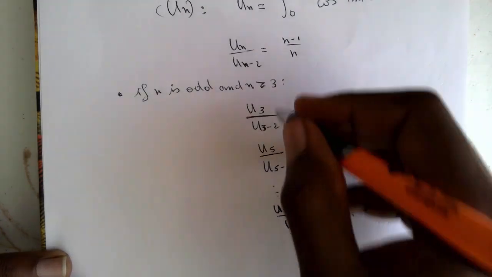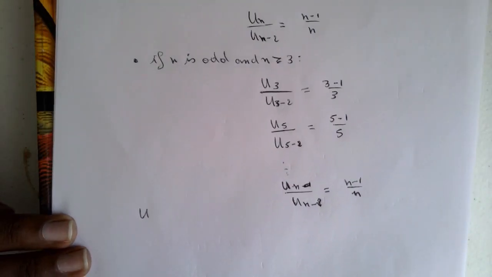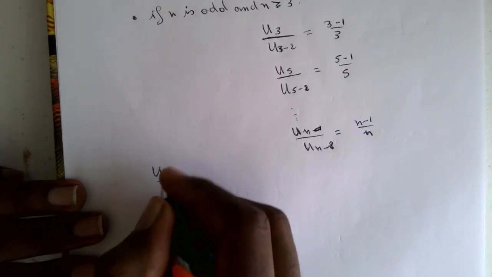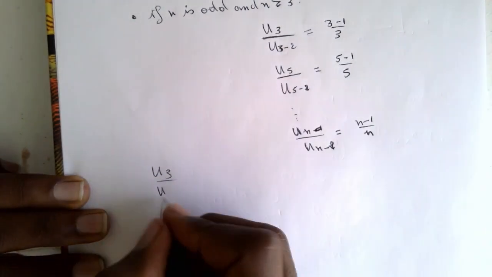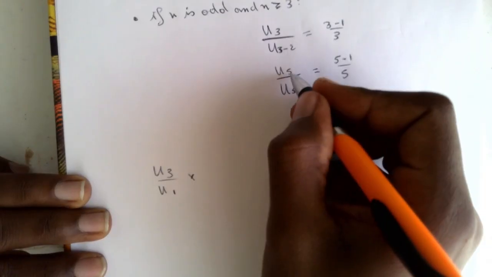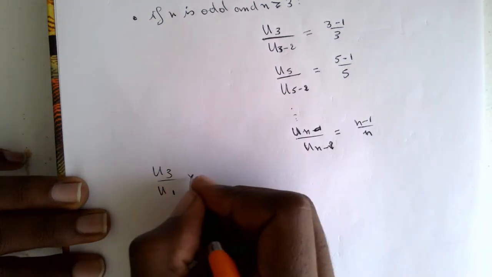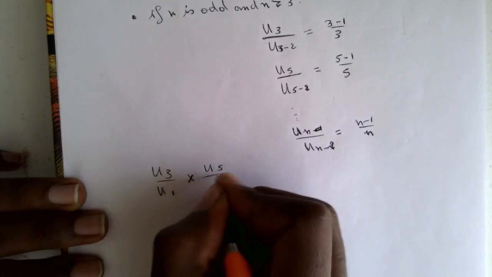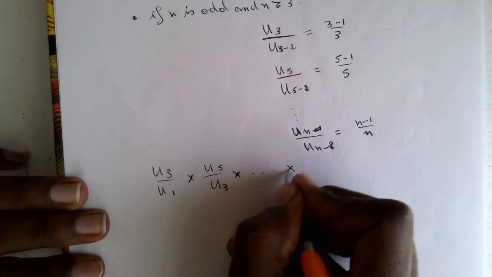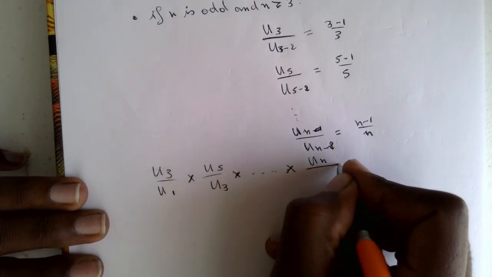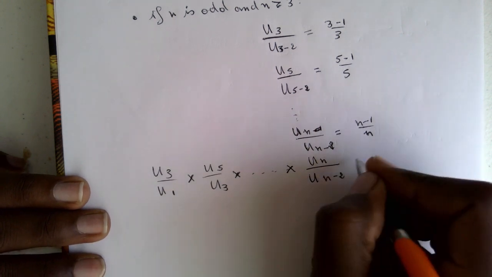Multiplying all these together gives us u_3 over u_1 times u_5 over u_3 times etc. times u_n over u_(n minus 2).